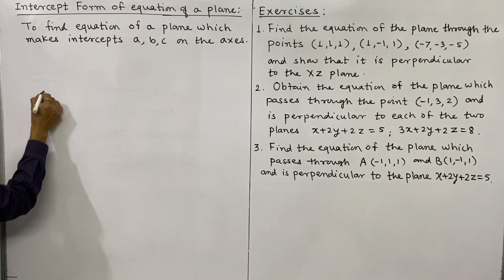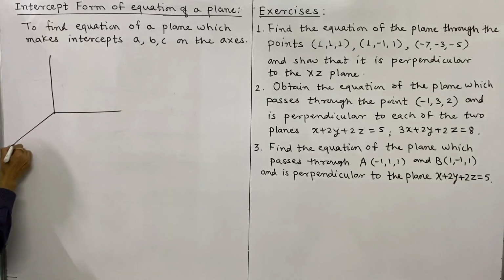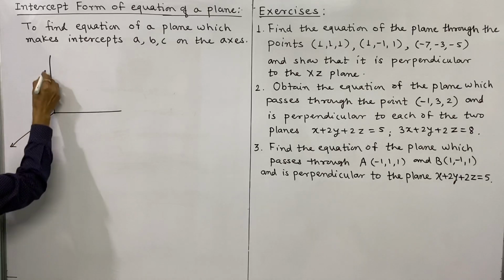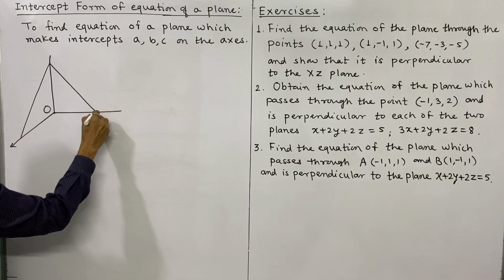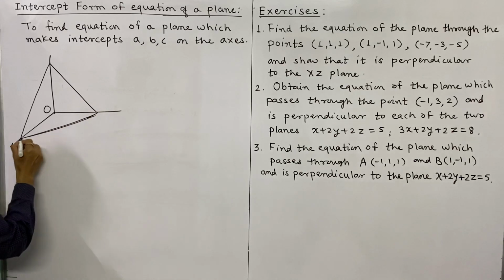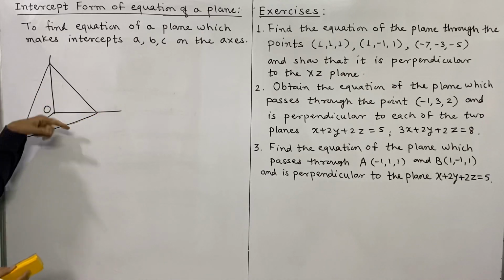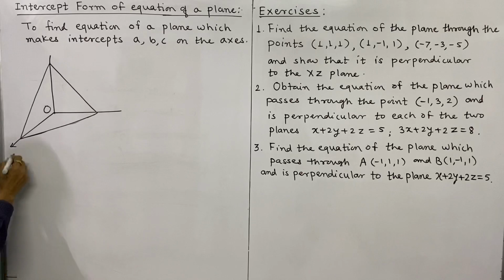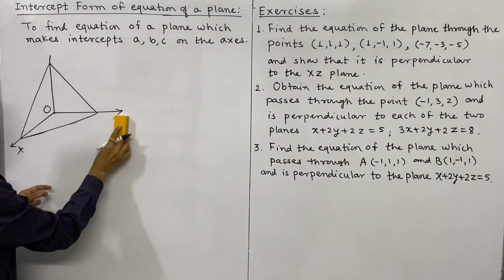Suppose this is the origin and the plane is of this type. See, this is the plane, that triangular portion of the plane we have shown, x-axis, this will be y-axis and z-axis.